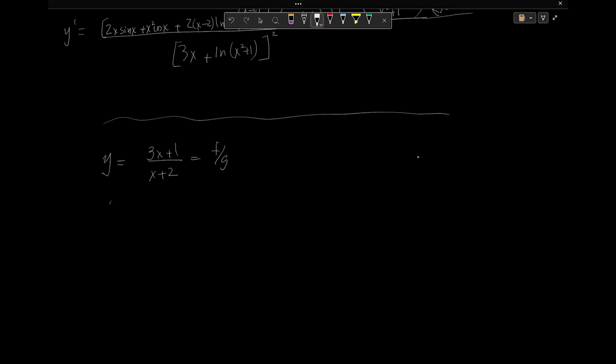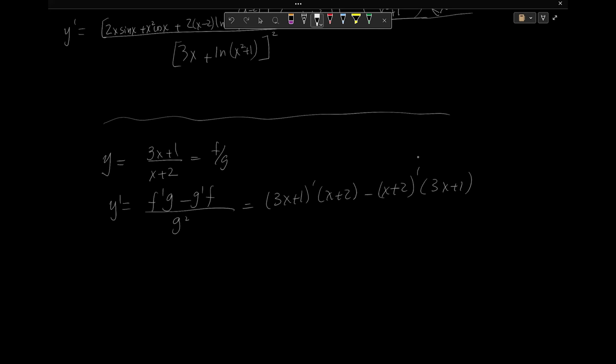Let me go ahead and do y prime as f prime g minus g prime f over the bottom squared. And then what you'll have is 3x plus 1 prime times x plus 2 minus x plus 2 prime times 3x plus 1 over the bottom squared. And then go ahead and do it.